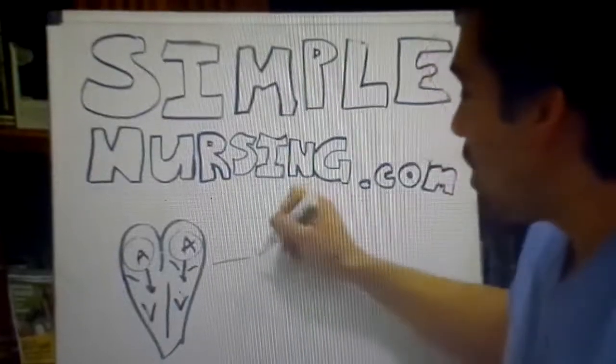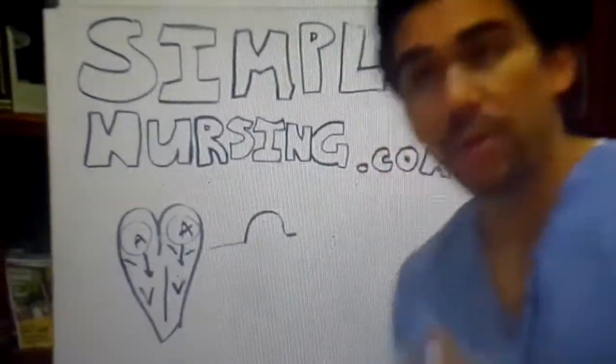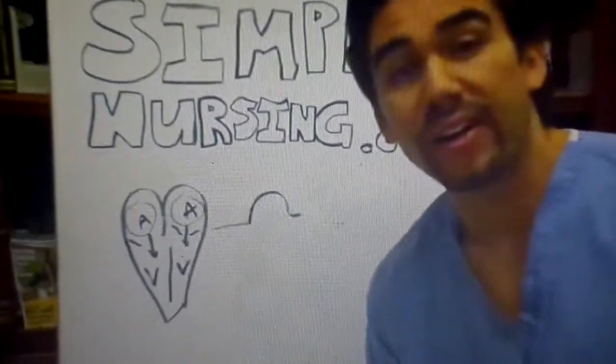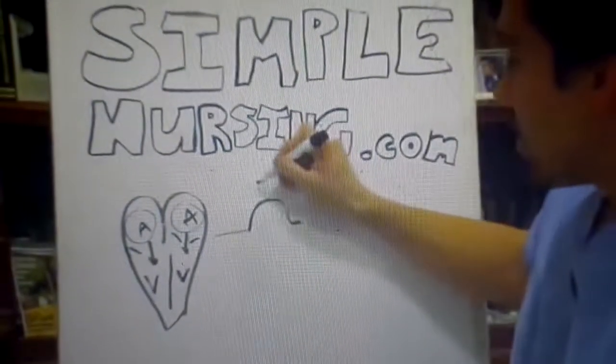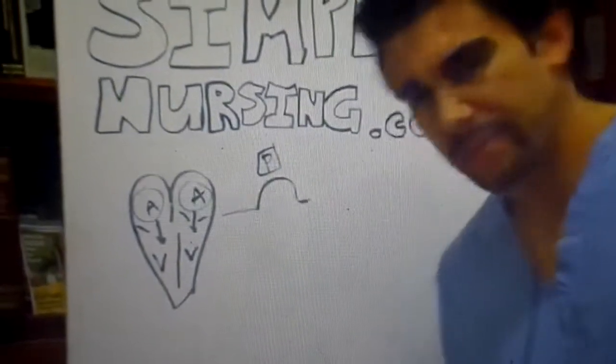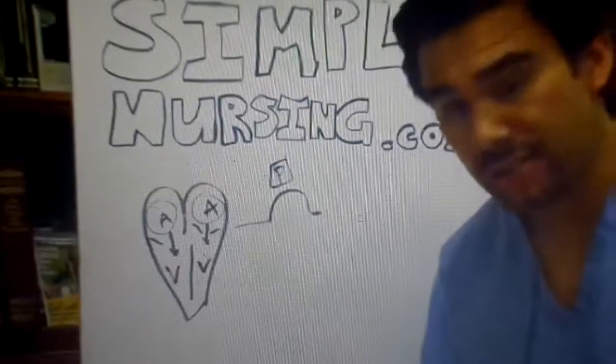That's right, a P wave. And this P wave is what? Well, I always ask my students that. What is the first thing that contracts in the heart? Atriums, right? So, this is pretty much our P wave. Simple enough, right? Our P wave is our atrial contraction.